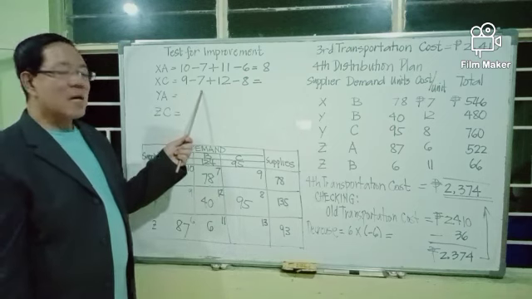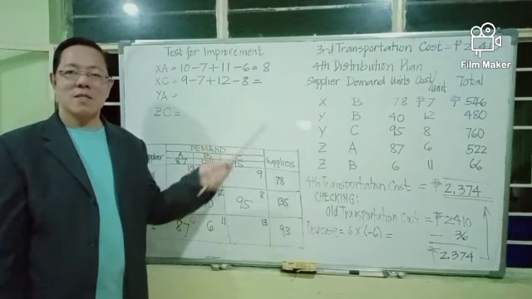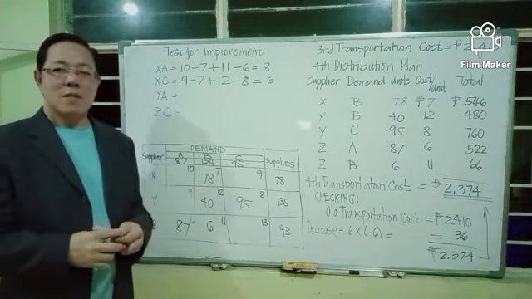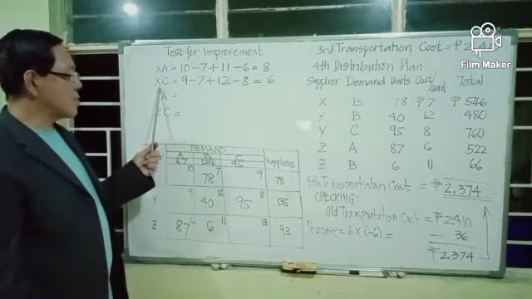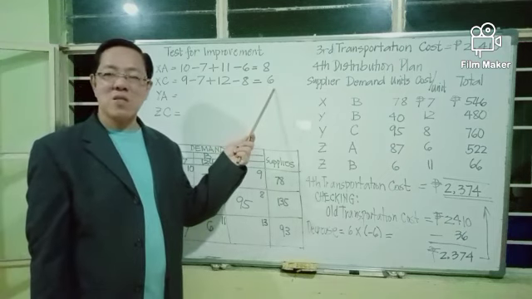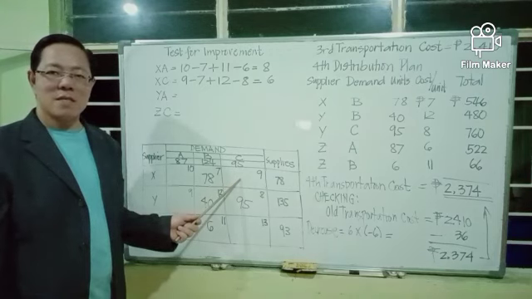You have 9 minus 7 is 2, plus 12 is 14, minus 8 is 6. And we will not transfer any units to the vacant cell XC because that will give us an increase of 6 pesos per unit that we transfer to the vacant cell XC.